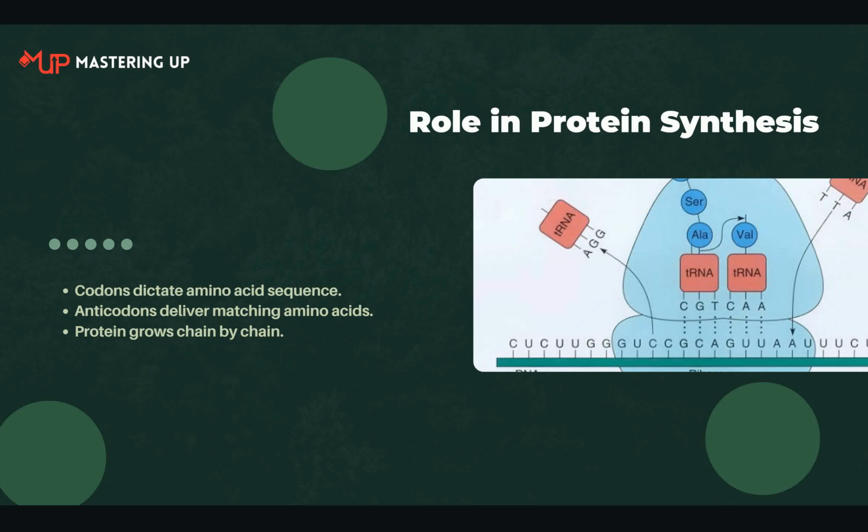These amino acids link together to form a chain, which then folds into a functional protein. Without this precise matching, proteins won't be able to form correctly.